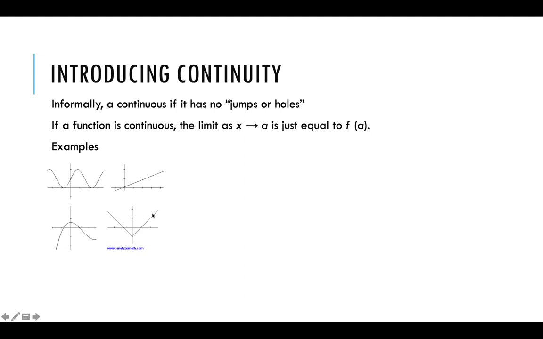There's no places where the function doesn't exist. If a function is continuous, the limit as x approaches a is equal to f of a. That's something we're going to have to show moving forward. But right now, a continuous function is just one that has no jumps or holes in it.